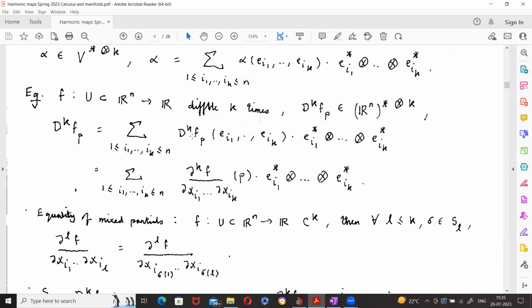And this term, d^k f at p applied to e_{i_1} to e_{i_k}, is nothing but the kth partial derivative, del^k f del x_{i_1} to del x_{i_k}. So these mixed partial derivatives are nothing but the coefficients of this multilinear map with respect to the basis e_{i_1} star tensor e_{i_k} star. Is it clear now?